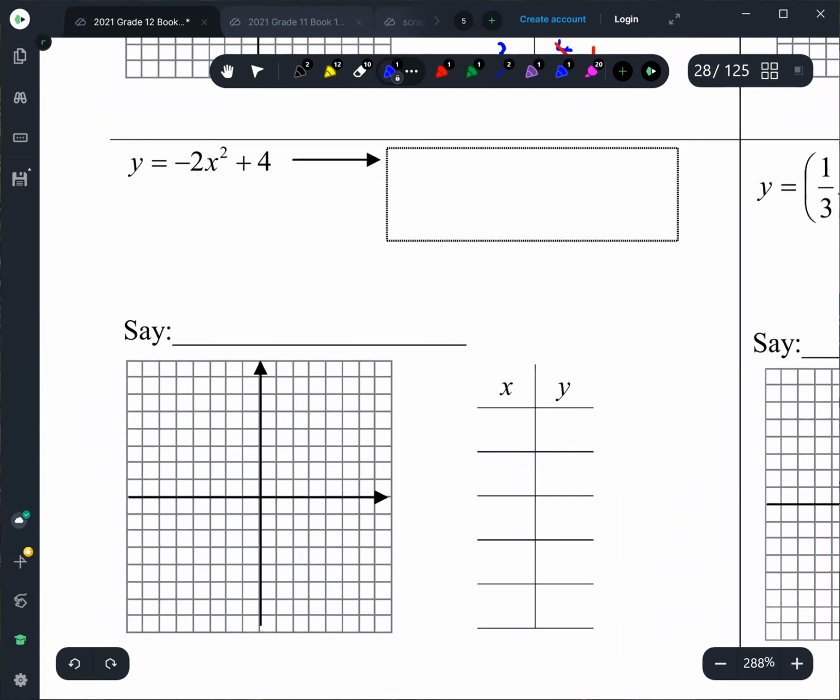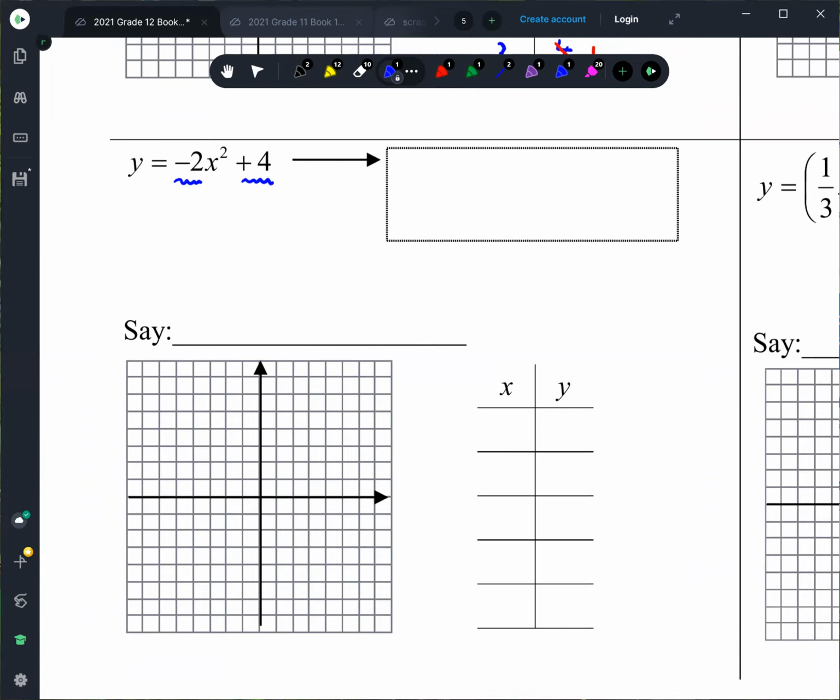So for this part, I would like you to first try to separate anything that's movable to the Y side. You move it over, okay? The thing that's extra, you have the -2, right? You have the +4. All right, so please move it over to the left side. You want to keep the X part, the X squared part, by itself. All right, so once you got that, please raise your hand.